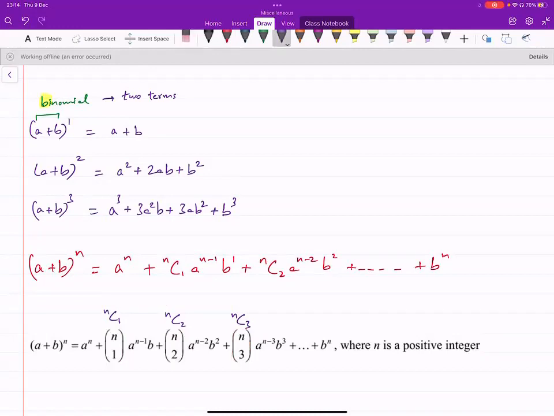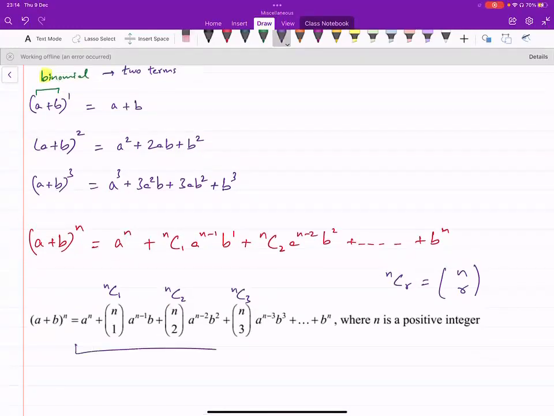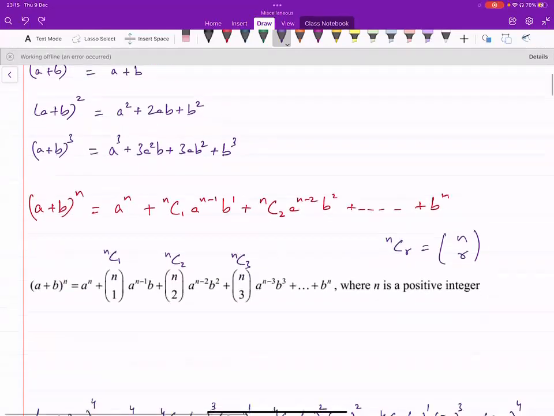In any case, this notation nCr, another way of writing that same thing is this nr form. So the formula sheet uses this notation. You can change it to nC1, nC2, nC3 like this. Okay. So this is the formula that we have. We will learn how to use this, and you have to know that the power here n has to be a positive integer. Okay, that's the key thing that you have to remember.